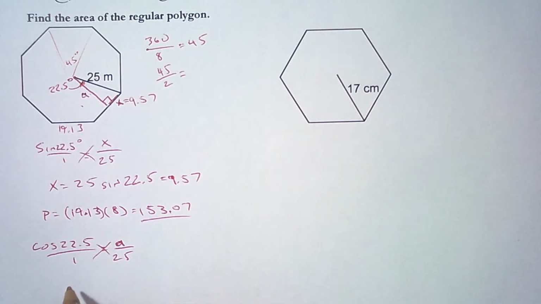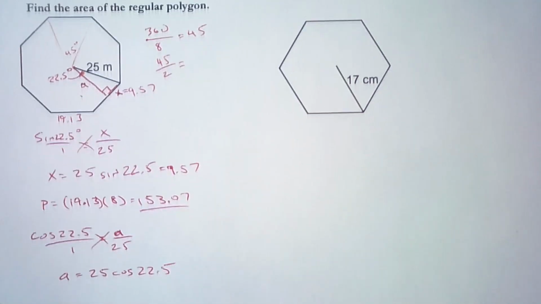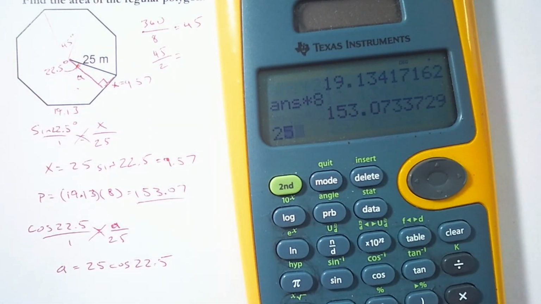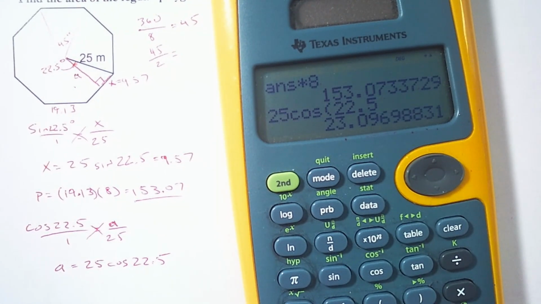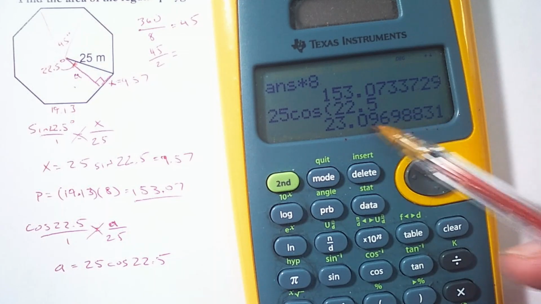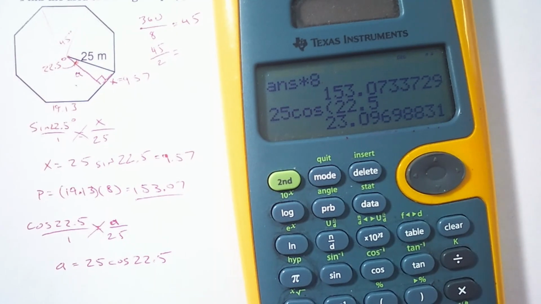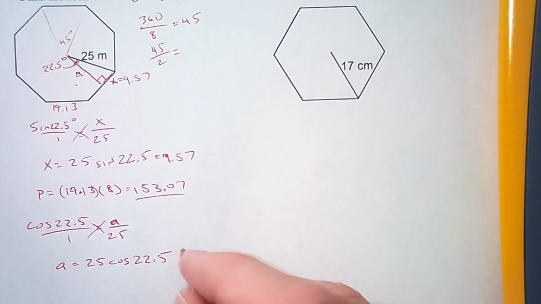So our cross products are A and 25 cosine 22.5. 25 cosine 22.5 is 23.096, so 23.10.